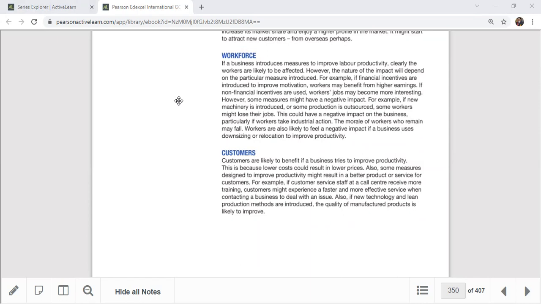For example, if new machinery is introduced or some production is outsourced, some workers might lose their jobs. This could have a negative impact on the business, particularly if workers take industrial action. The morale of workers who remain may fall. Workers are also likely to feel a negative impact if a business uses downsizing or relocation to improve productivity.